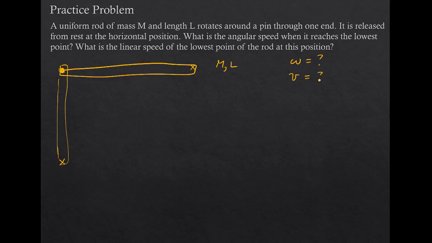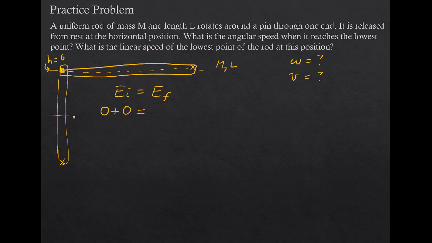Okay, so using conservation of energy, we know that energy initial must be equal to energy final. Now energy initial, if we set this up in a smart way, we can say that H is equal to 0 at this point. So that means that potential is 0, and it starts from rest, so kinetic is 0.